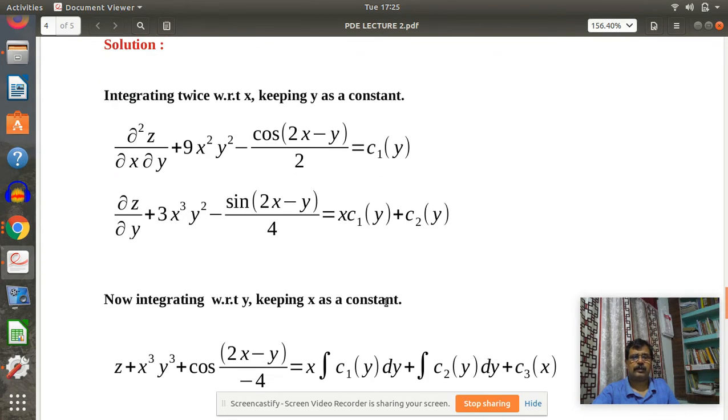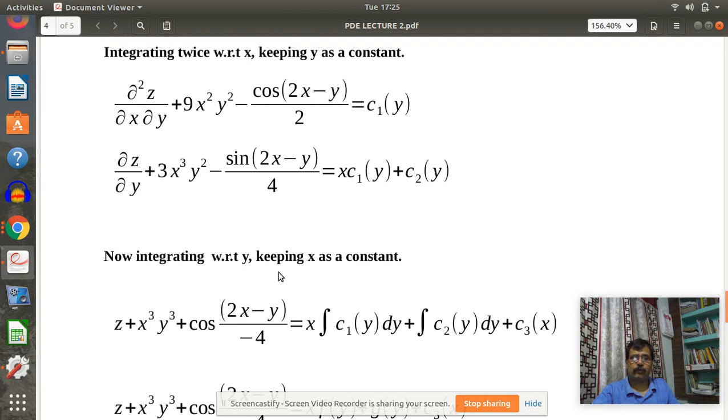We have this term. Now we integrate with respect to y, keeping x as a constant, because we have dou z by dou y and we require z. So this term on integrating with respect to y, we get z. Then with respect to y, 3 x cube into y cube by 3, 3 gets cancelled, we get x cube into y cube.